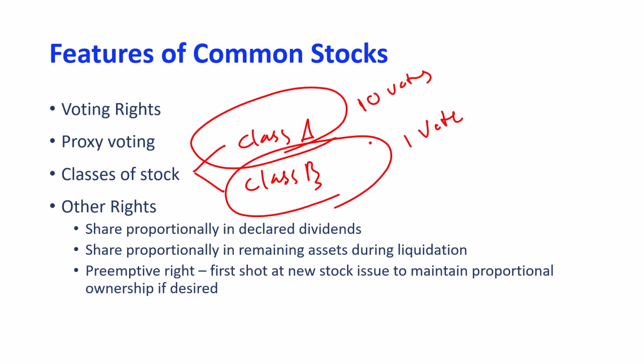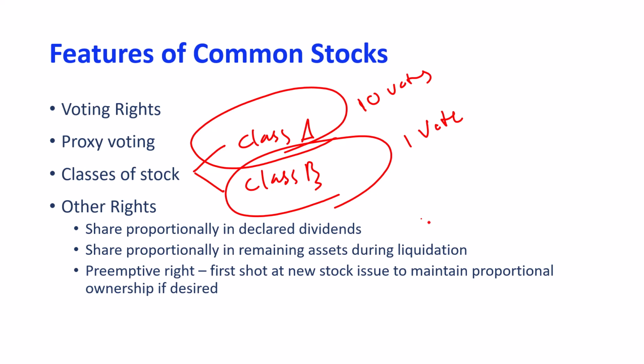The other rights that common stock owners have are to share proportionally in declared dividends. So whenever the company declares, let's say, $100 million in dividends, then you're going to receive dividends in proportion to your shares. And to share proportionally in the remaining assets during liquidation.